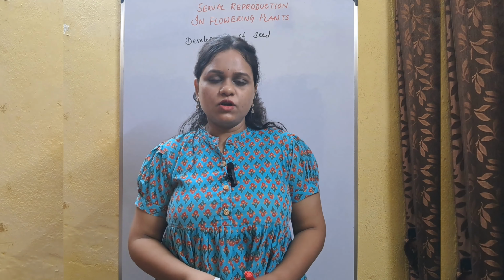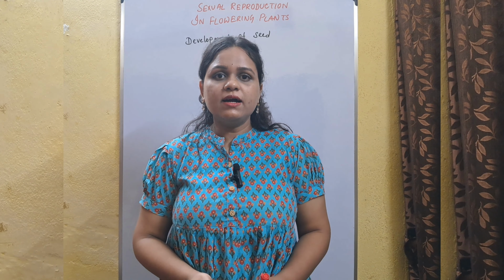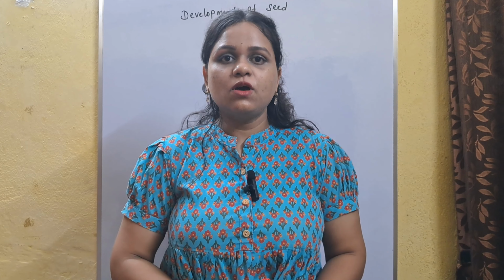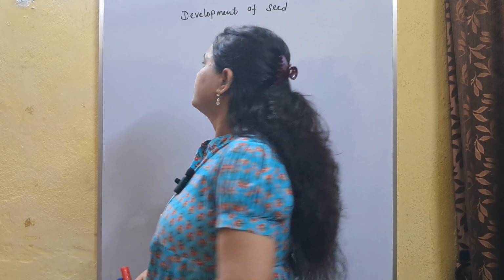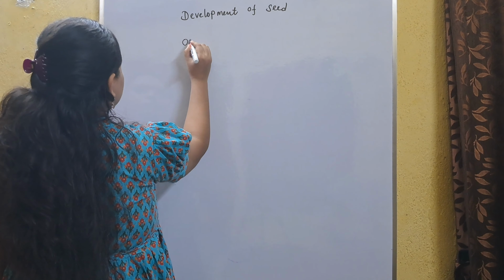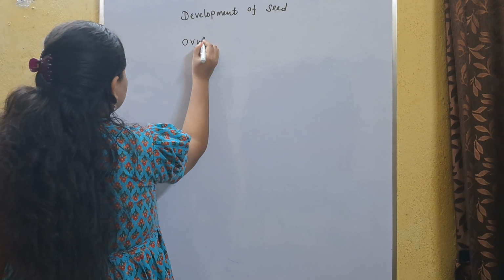The formation process of seed occurs differently in monocots and dicots. In angiosperms, the ovule turns into seed after fertilization. Now, in monocots, the seeds have different structures.